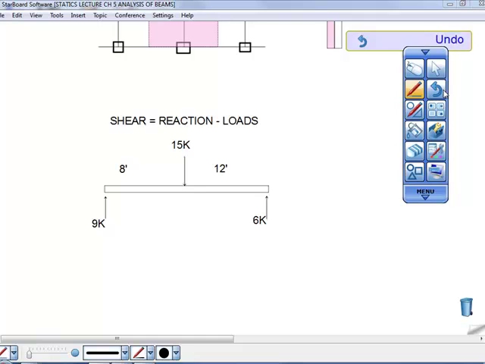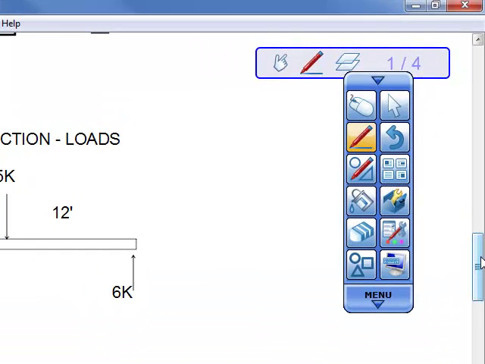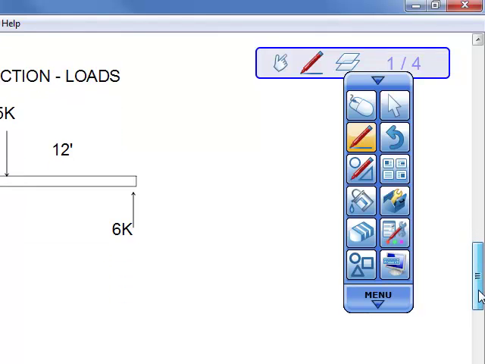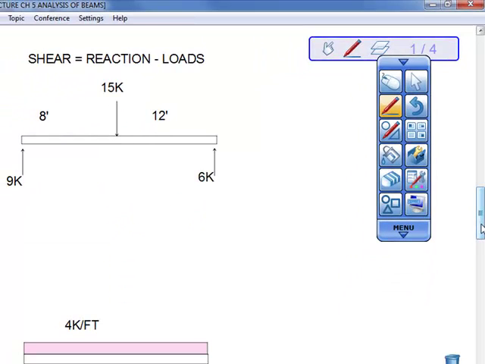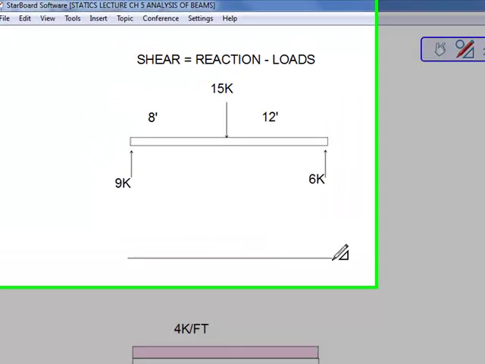So this is a simple beam. So your shear diagram is, you would draw a graphical representation of your beam, something like that.